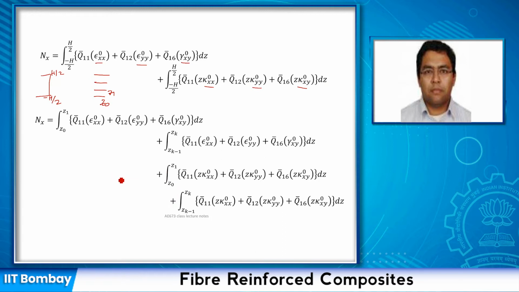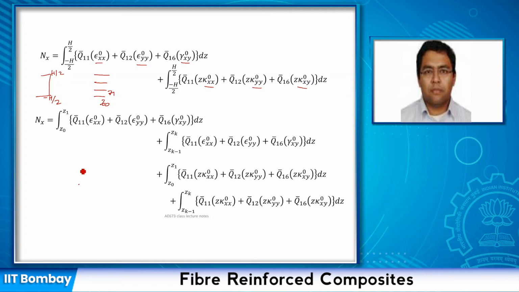Here k is the index telling me which layer I am in, and k goes from 1 to n. So you can write your integral in terms of z0, z1, like what I'm showing here.